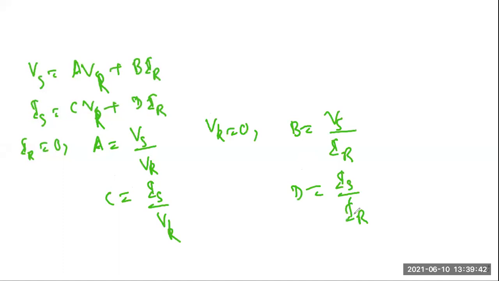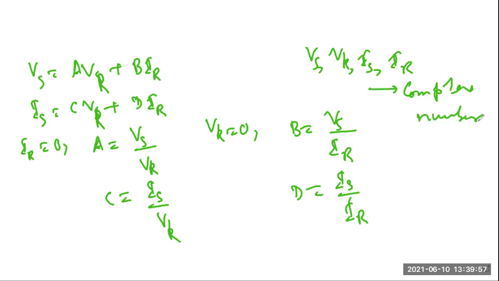Now all these parameters, Vs, VR, Is, IR, are basically complex numbers. So if these are complex numbers, the ABCD parameters will also be complex numbers, because we are doing some division.